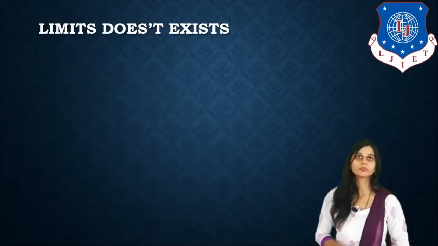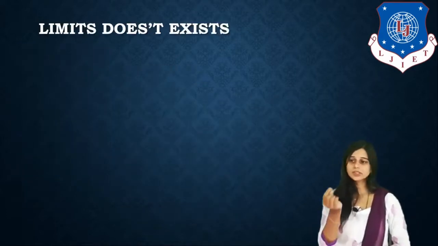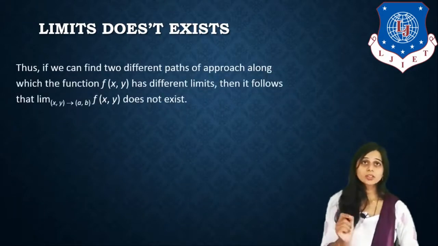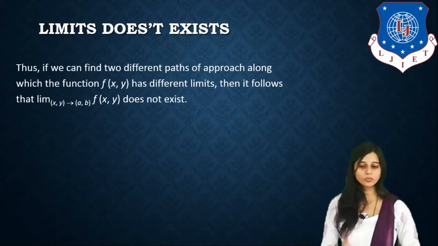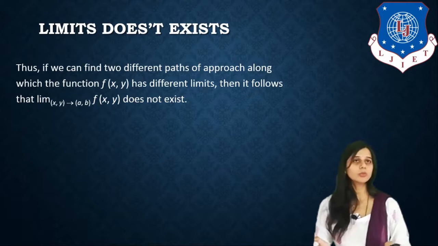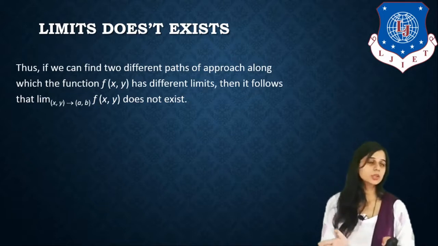Okay. Limit does not exist. There is one case when the limit does not exist. The meaning is, if we can find different approaches to the function and we are getting a different limit along any path, then it follows that the limit does not exist.